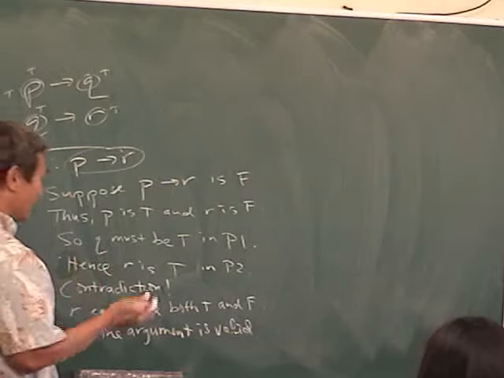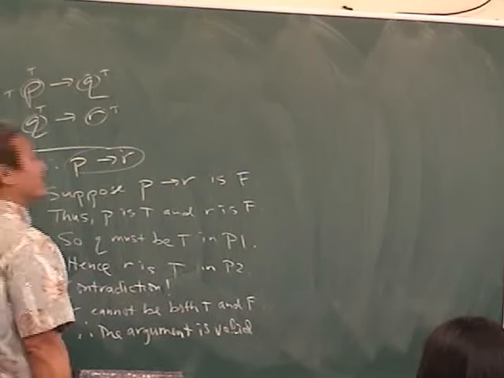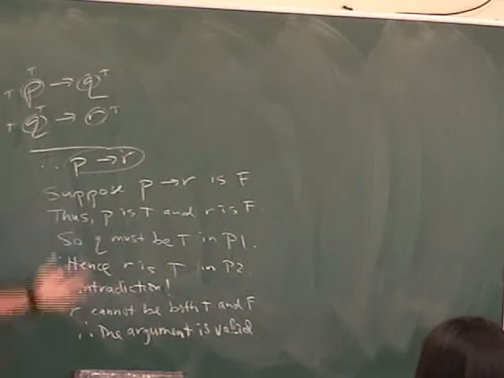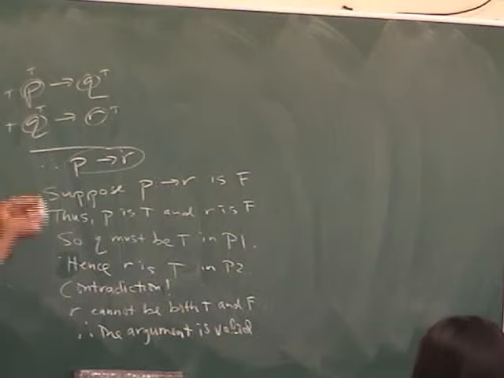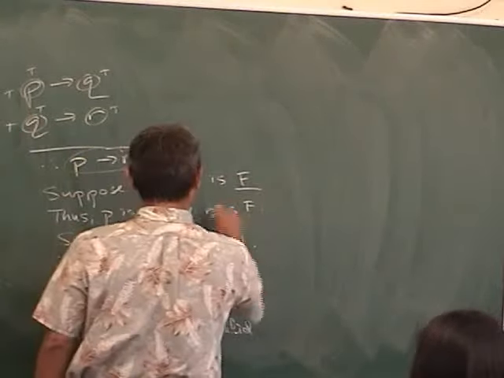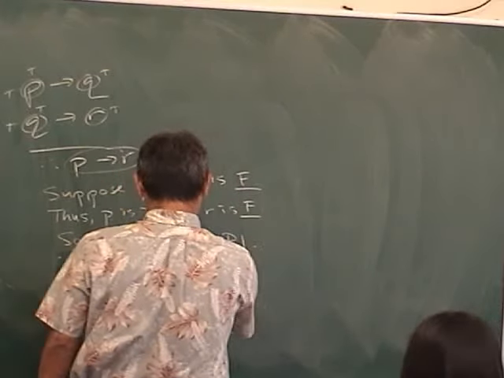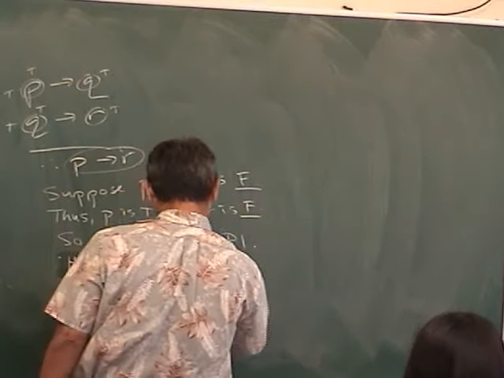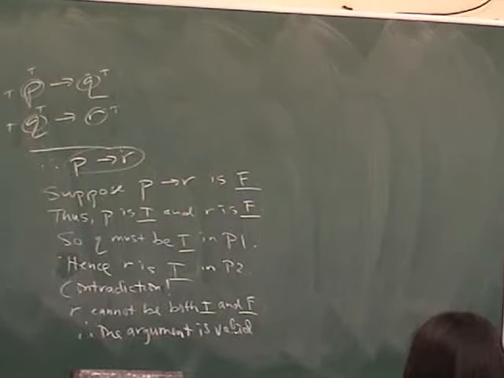Anyway, on the test, you're thinking, Mr. Park, I don't want to write all this. You'll be happy to know that on the test, when you get this problem, I'm going to write the whole proof for you. All you have to do is fill in the truths and falses like this. No, I'm serious. That's how I do it every year. It's so easy. 50-50 chance on every line.